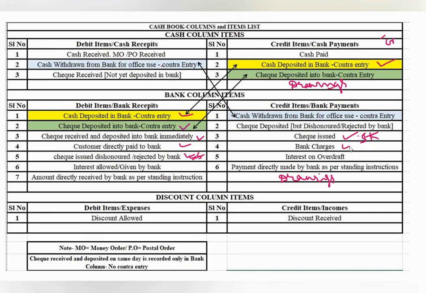bank charges. If any bank has charged anything from us, the amount in the bank is reducing. Interest on overdraft. If we have paid any interest on the overdraft, then the amount is reducing. Payment directly made by the bank as per standing instruction. Then again the funds are reducing.